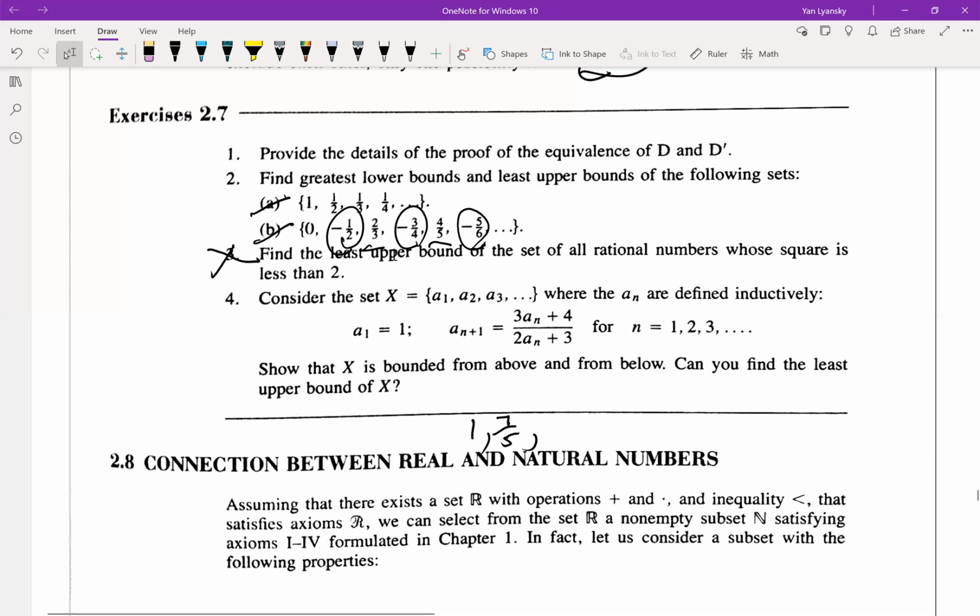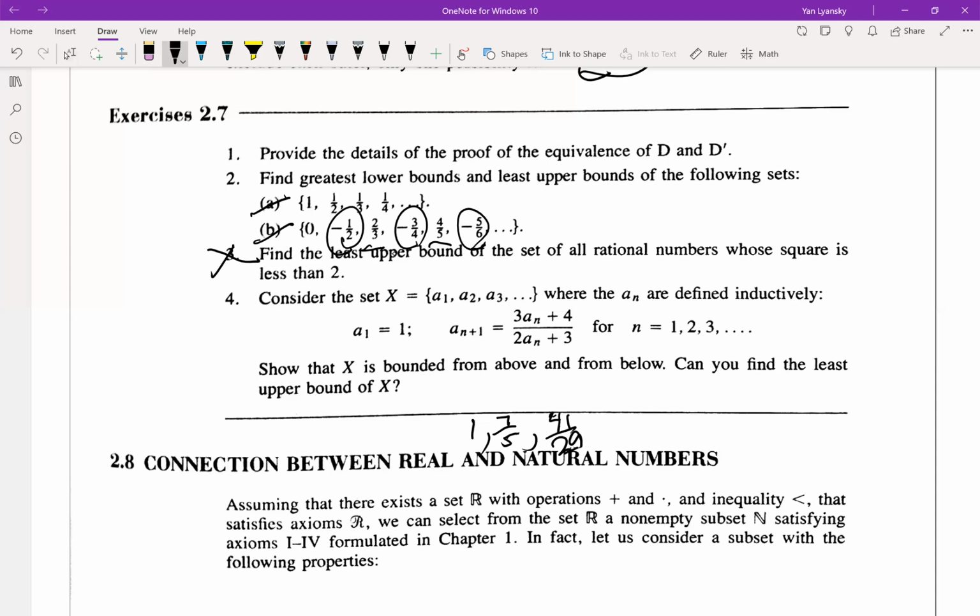This is not ideal. 41 over 29, that's what I got. Okay, what's 41 over 29?